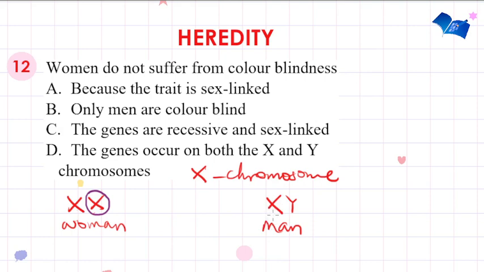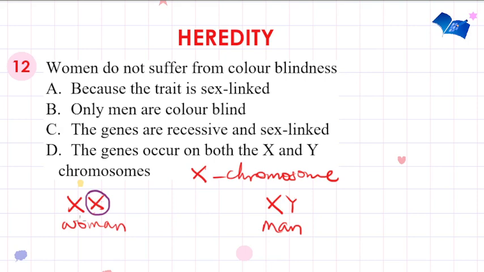Now, a man has an X and a Y sex chromosome. If the X is abnormal, it will definitely show, because there is no complementary X that will mask it, because what we have is an X and a Y. So therefore, the genes occur on both X and Y chromosome is not the answer.